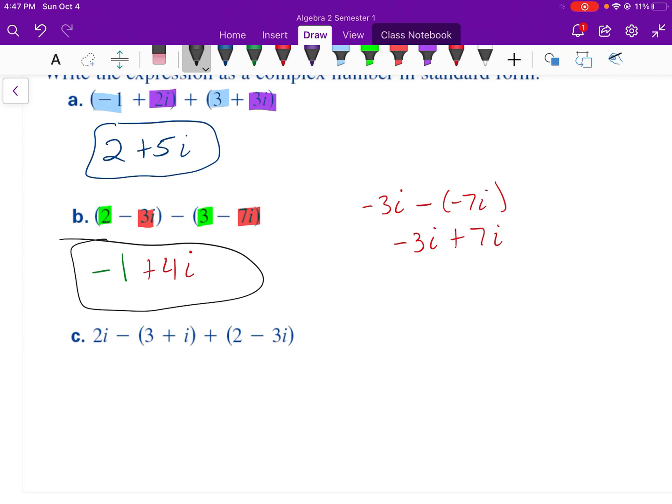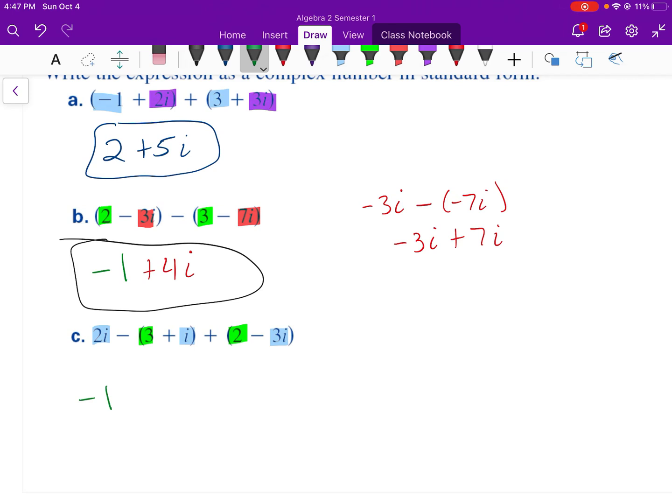Okay, so going on to the next one, we got our imaginaries, and then we got our reals. Again, we are subtracting that whole second complex, and again, when we're in standard form, we need to do real, then the imaginary. So in this case, -3 plus 2, we will get -1.